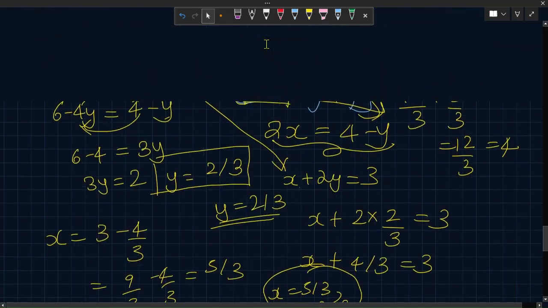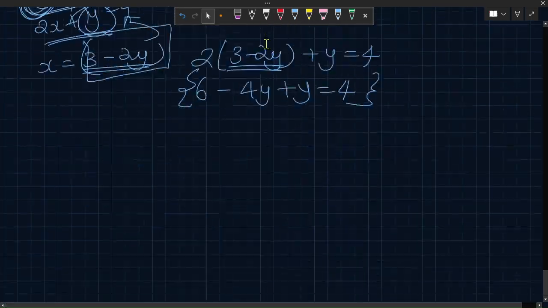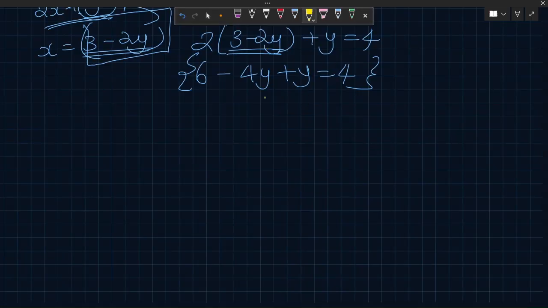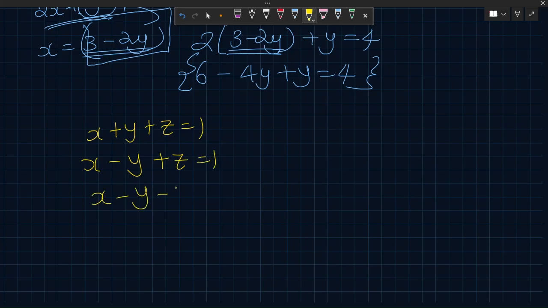All right. The same idea can be applied for three equations in three variables as well. Suppose I have x plus y plus z equals 1. I have x minus y plus z is 1, and say I have x minus y minus z is minus 1. So you could apply the same idea.